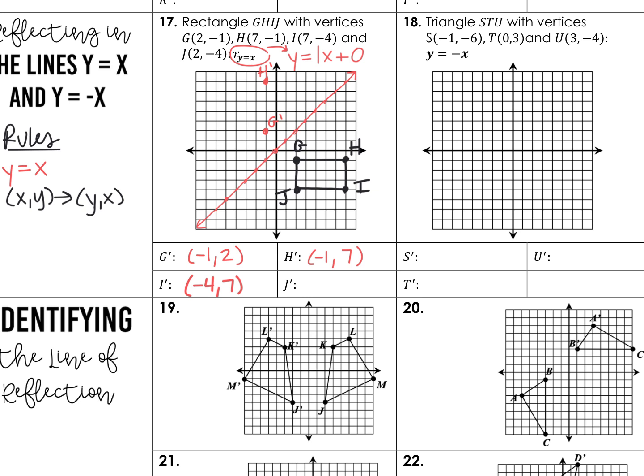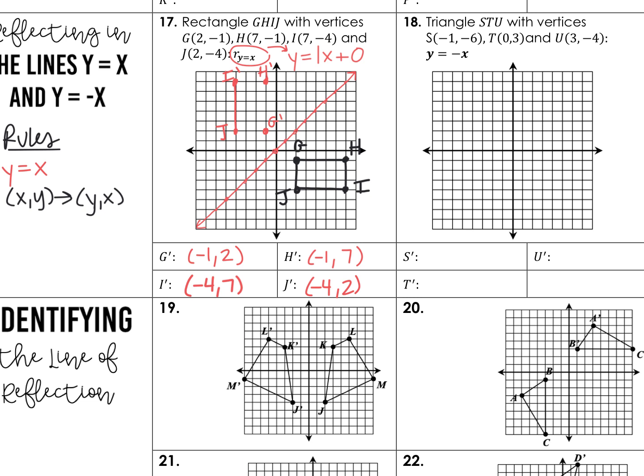Okay, now I'm going to graph that. If J was at 2, -4, flip it, it's now at -4, 2.